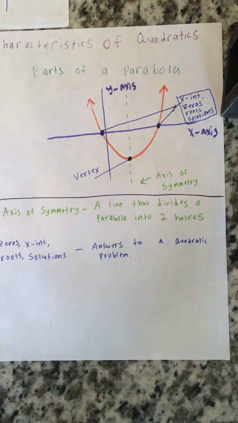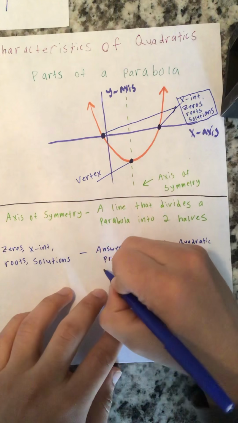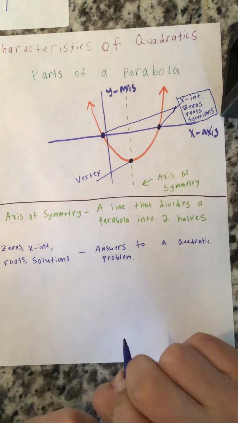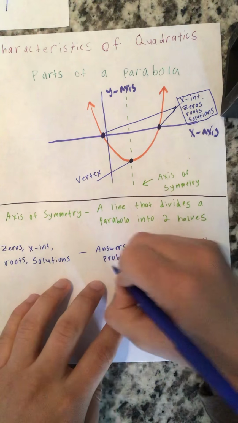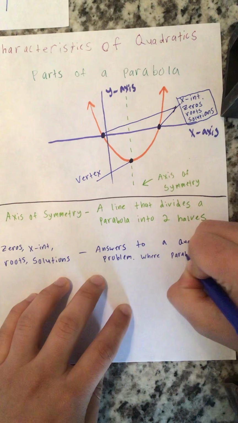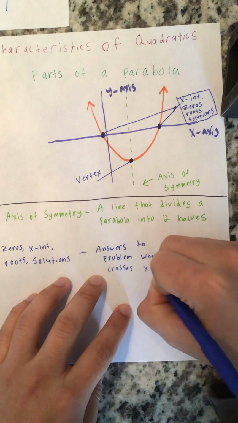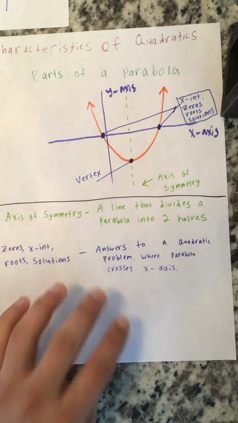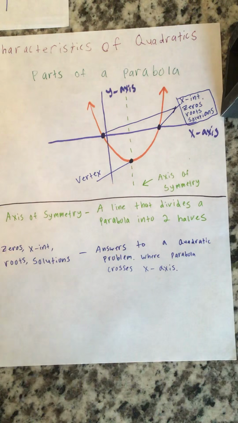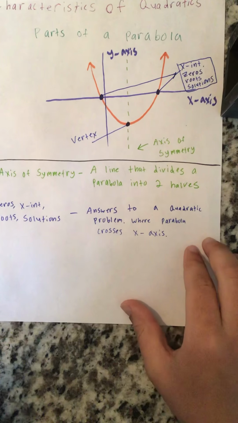These are the answers to a quadratic problem. And like I said earlier, they're where the parabola crosses the x-axis. Again, we're going to learn how to write those answers down when we get to examples.